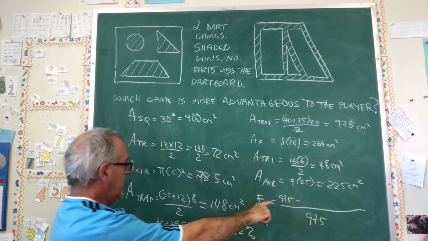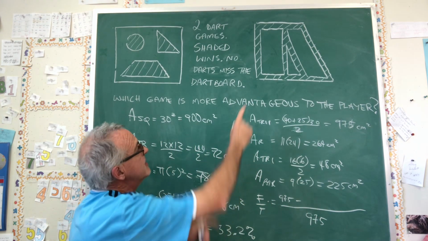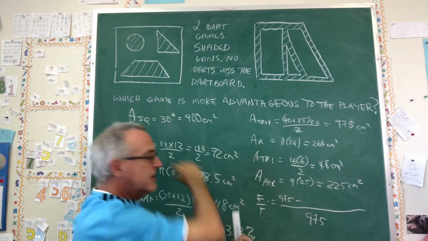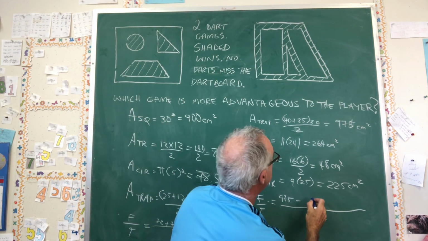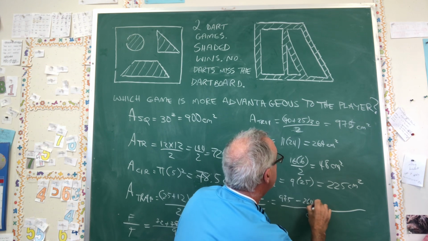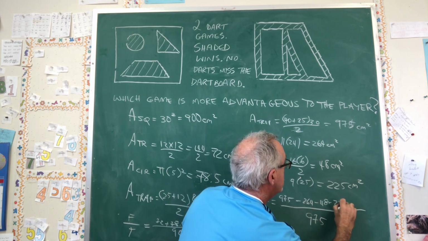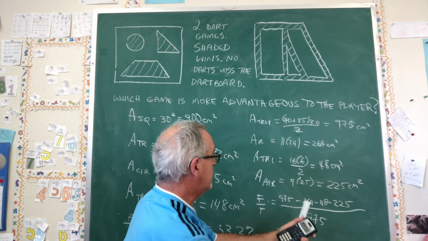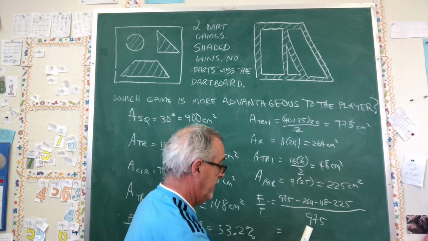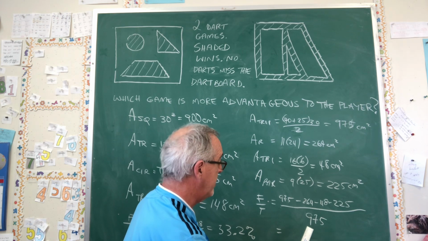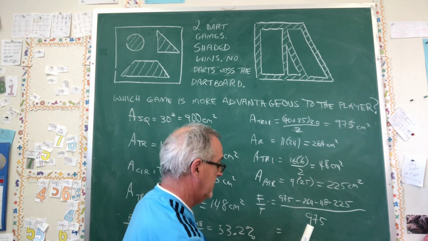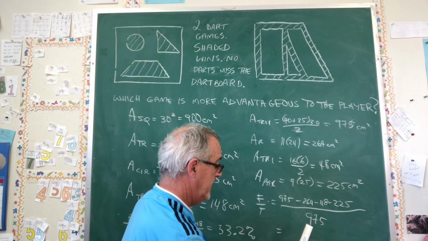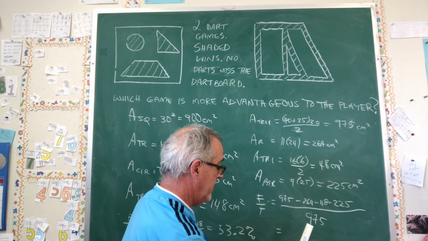So this ends up looking a little different because of the way I shaded the outsides of the shapes instead of the insides. So it's 975 minus 264 minus 48 minus 225. And I'll just do the calculator for the rest. 975 minus 264 minus 48 minus 225 equals, divided by 975.